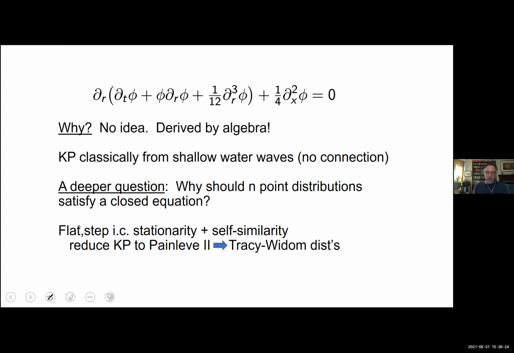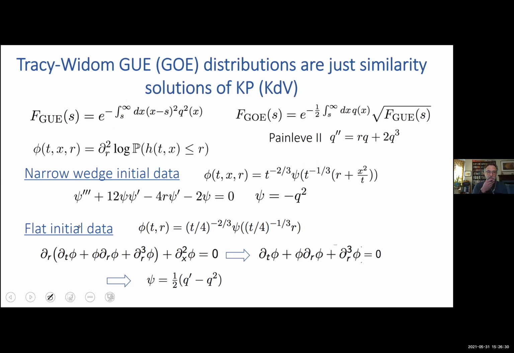So let me describe that. We now know what the source of the Tracy-Widom distributions is. You get the Tracy-Widom GUE distribution if you start with a narrow wedge, and the GOE distribution if you start with a flat interface in these universal random growth processes.